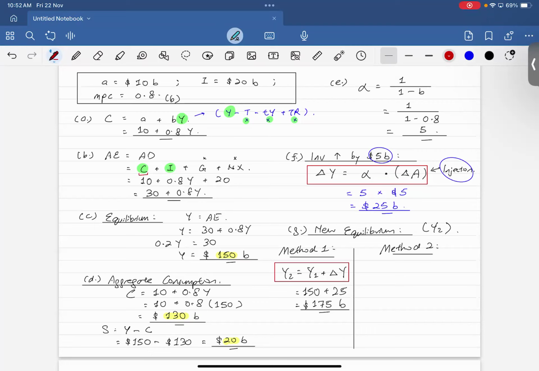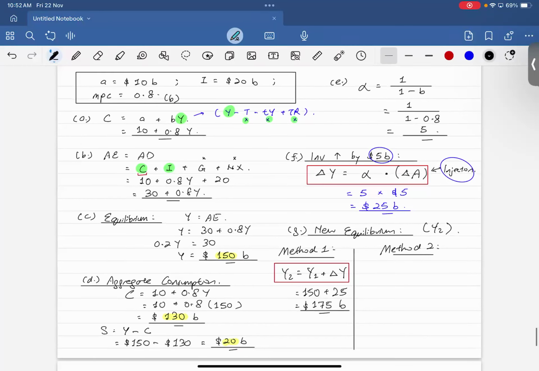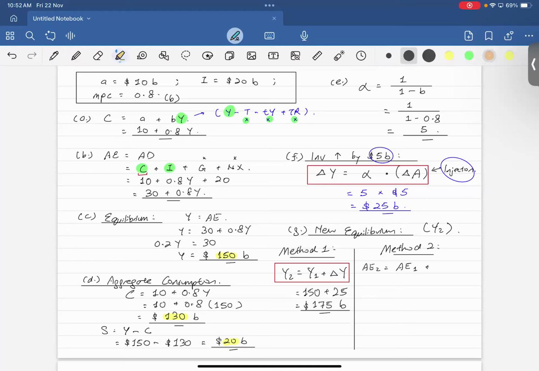Another method is you calculate the new AE first. For example, AE2, the new AE, equals the first AE plus the new injection. Here is change in investment, the new investment, 5 billion, the new injection.